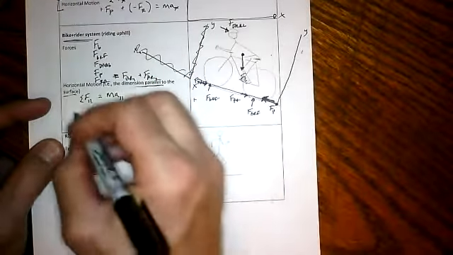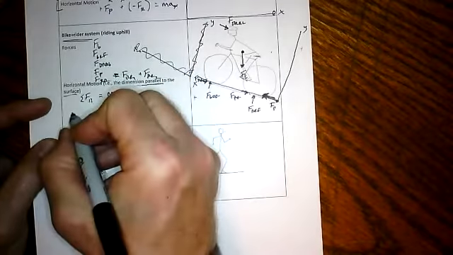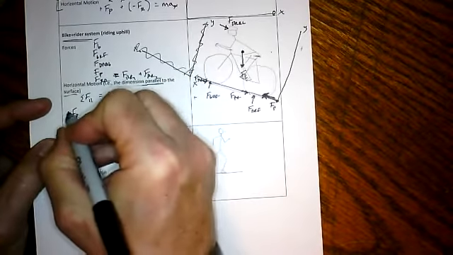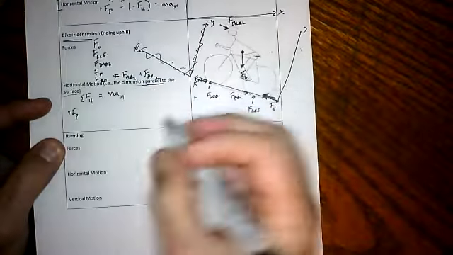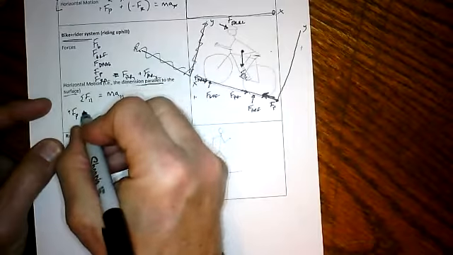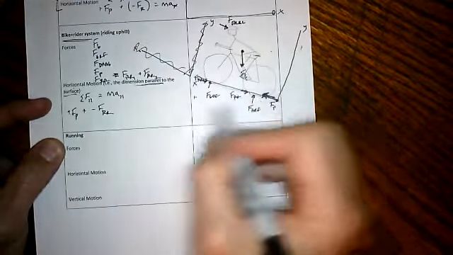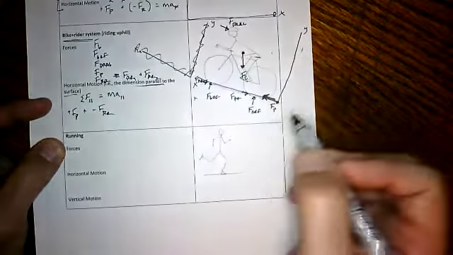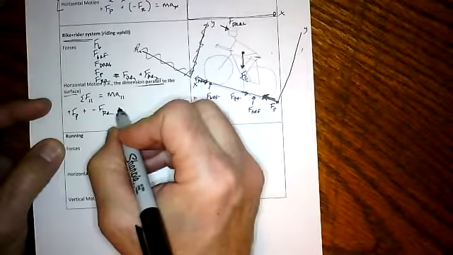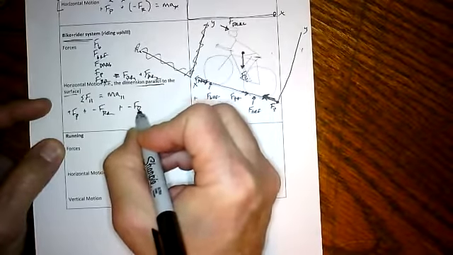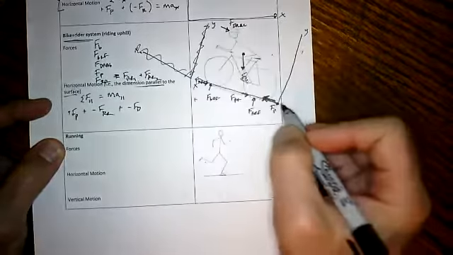All right, so let's start with propulsion. That's a positive because that's acting in the direction that we're headed. Plus rolling resistance, I'm going to make that a negative. I'm just going to put one in there because I'm going to combine them up here, again, just for the sake of being lazy. Plus drag force, which we have up here.